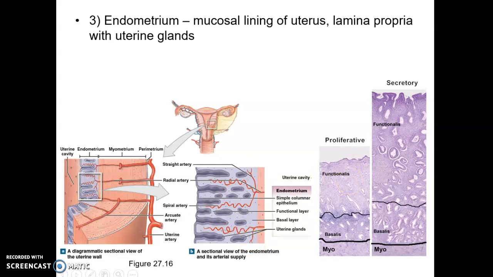As you see here, the endometrial layer gets enlarged during the uterine cycle. This is the functionalis or functional layer, and that's what's shed during menstrual bleeding or menses. The basalis or basal layer of the endometrium is always retained.